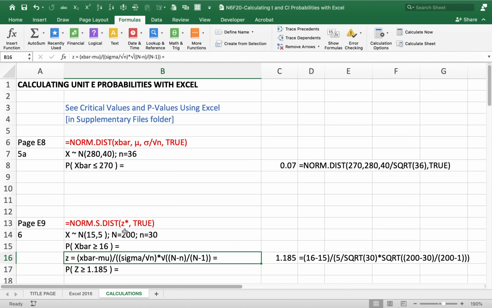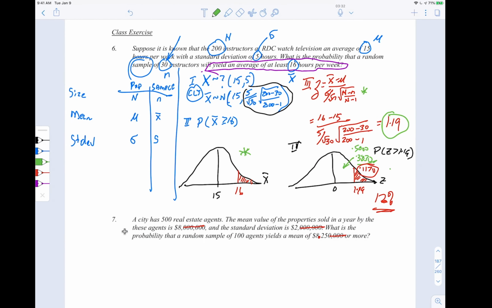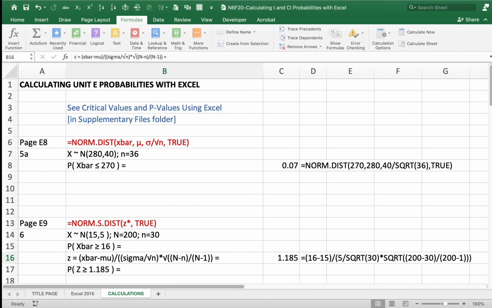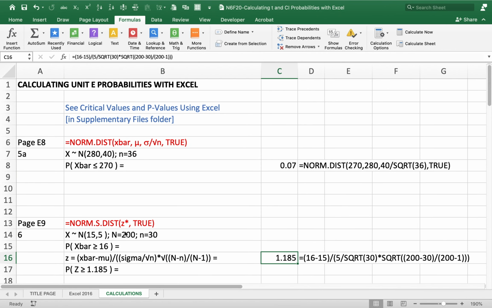This is just the formula here: X bar minus mu over sigma divided by the square root of n times your FPC factor. That's this part over here in red. This comes to 1.185, which rounds to 1.19. I like to keep things to about 3 decimal places until the final answer.